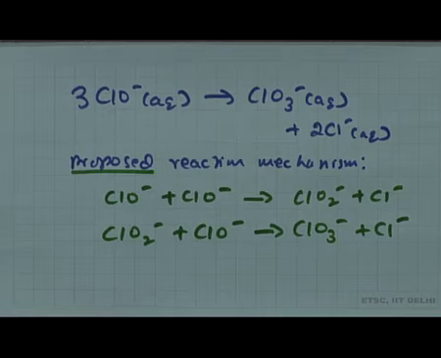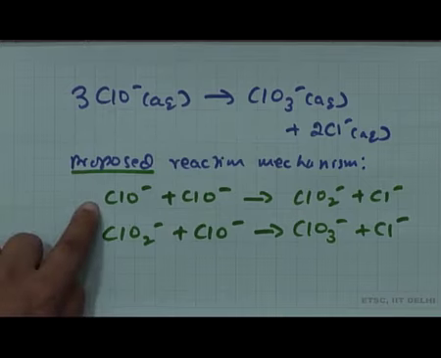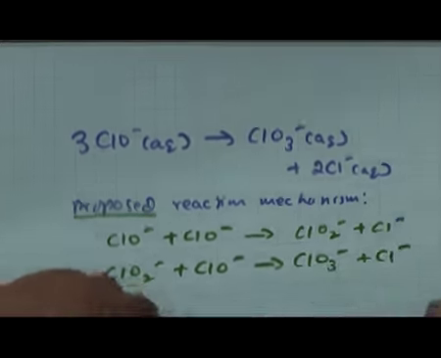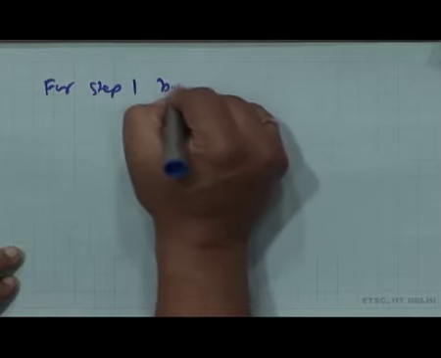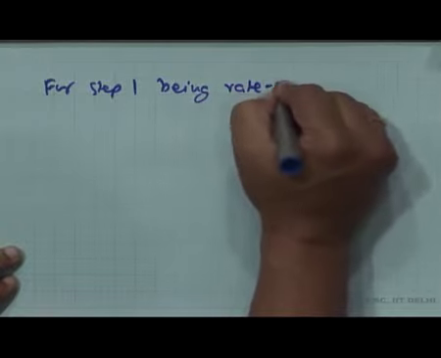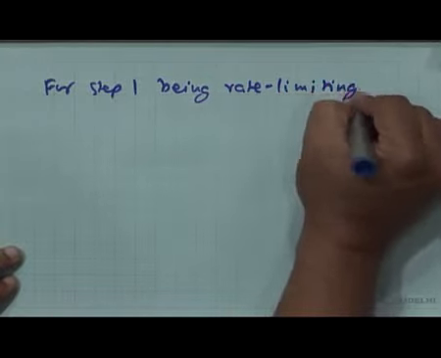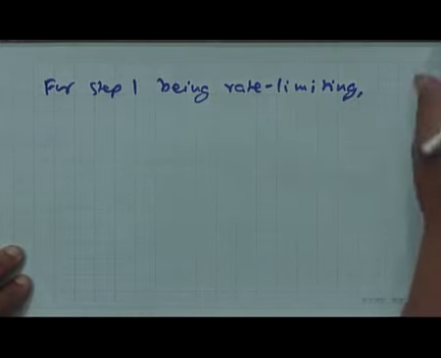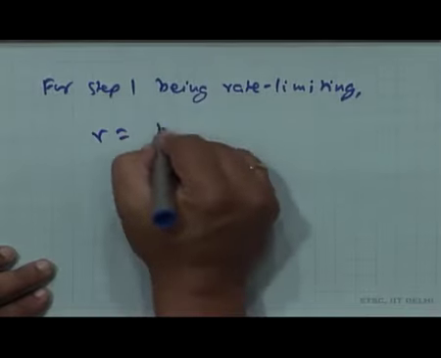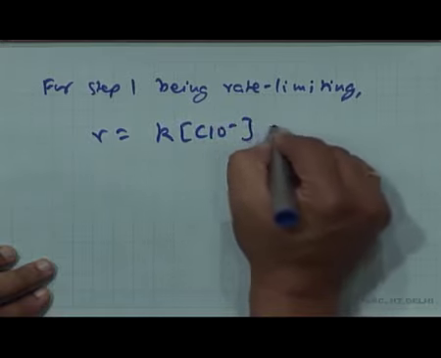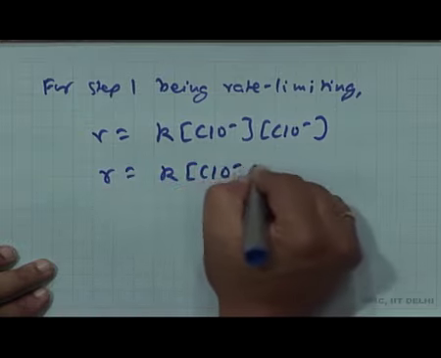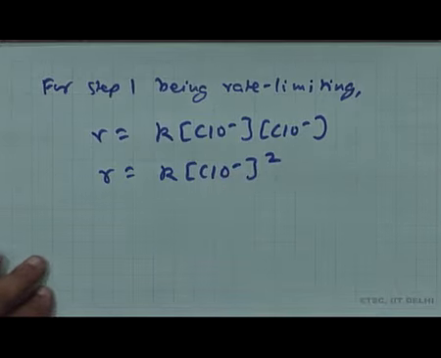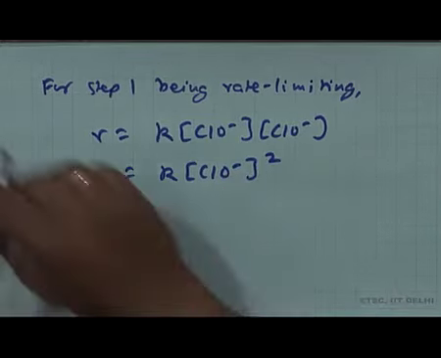If step 1 is rate limiting, that means this is step 1, then for step 1 being the rate limiting step or the rate determining step, R would be K ClO minus times ClO minus, or R is K ClO minus squared, okay, if the first step is the rate limiting one.